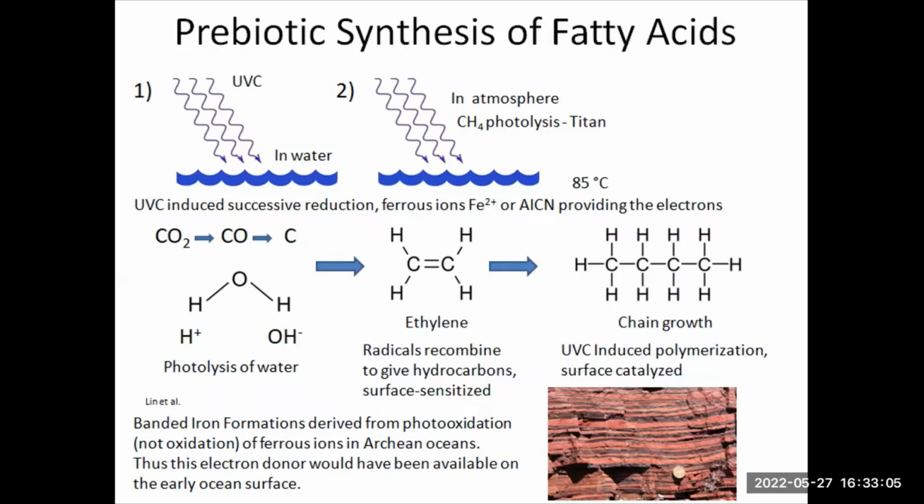So it's the lowest energy molecule made from 4 molecules of hydrogen cyanide. Maybe you remember that, or you can go back to one of the previous talks and see that this can also be used as a catalyst, just as the ferrous ions, to provide electrons for this reduction process. And then also with the photolysis of water, because of the ultraviolet light lysing the water, we can produce these hydrocarbons, and the simplest is ethylene.